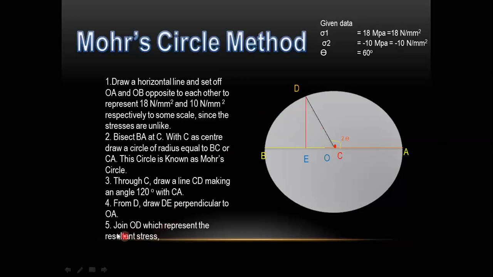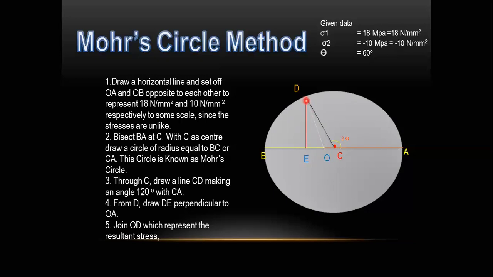The fifth step is to join OD, which represents the resultant stress. Just draw the line from the origin point O to D. That is the OD line for the resultant stress.